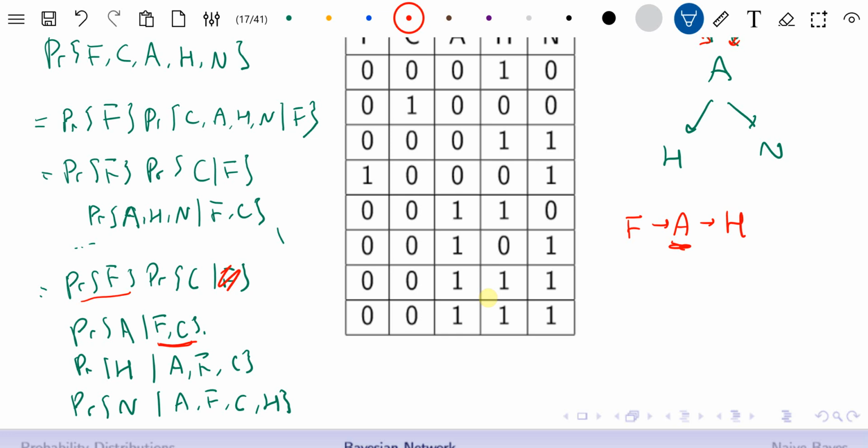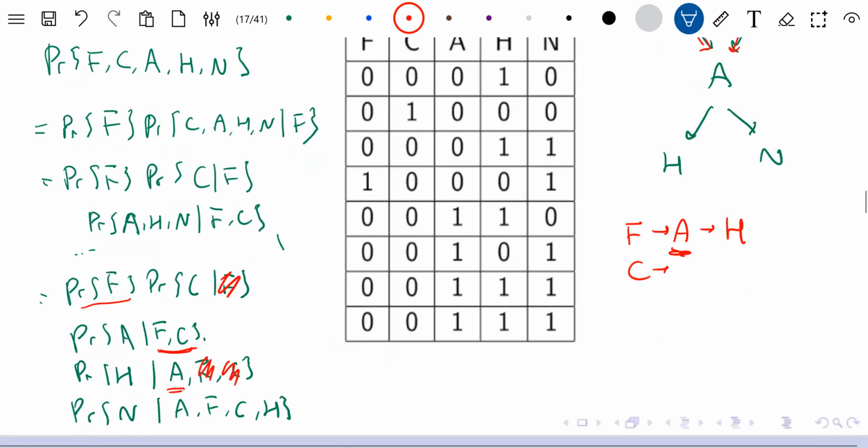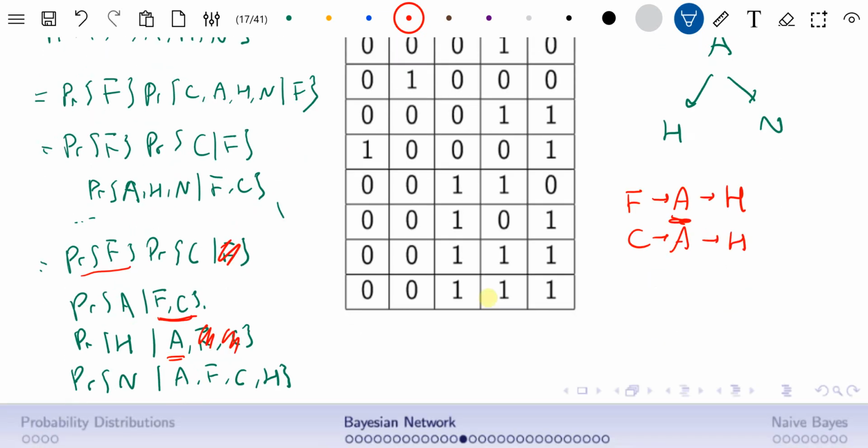So when we are given A, H is independent of F and C. C, for the same reason, because if you look at the network, it's C, A, and H. So these are conditionally independent because of the causal chain configuration. And the last one, N, for the same reason.